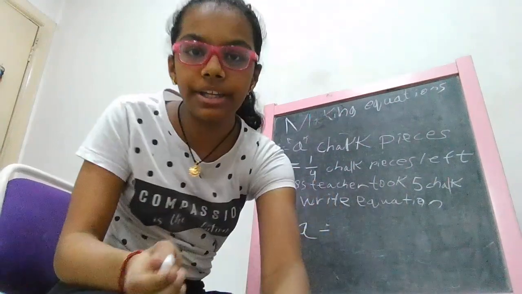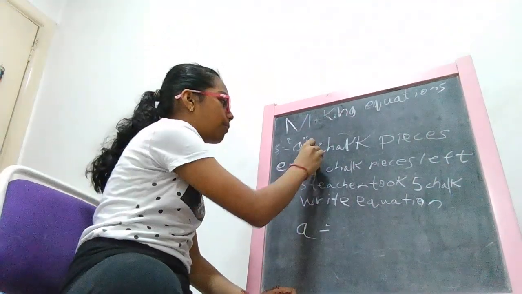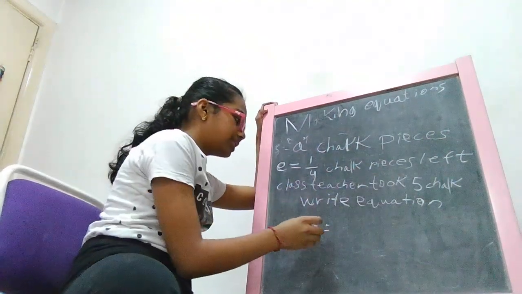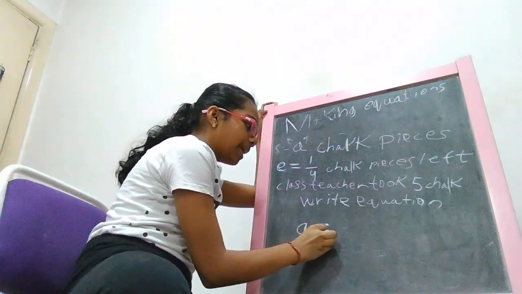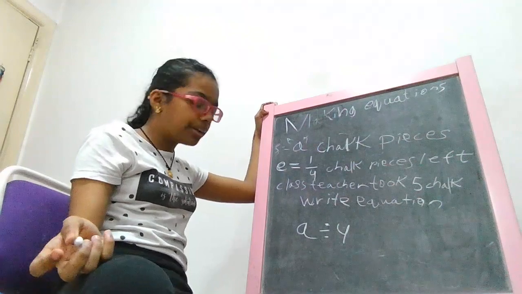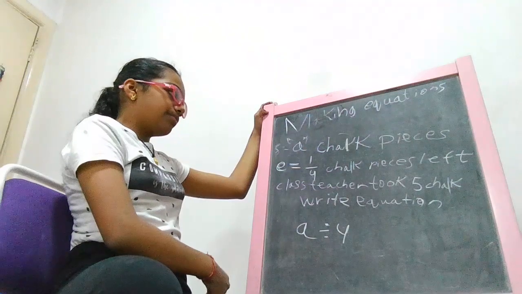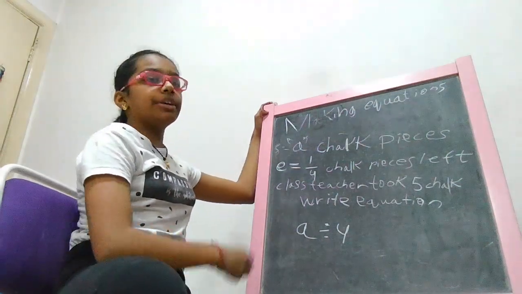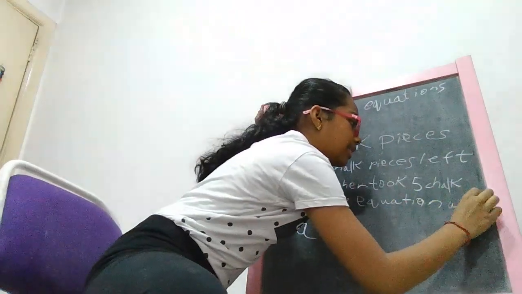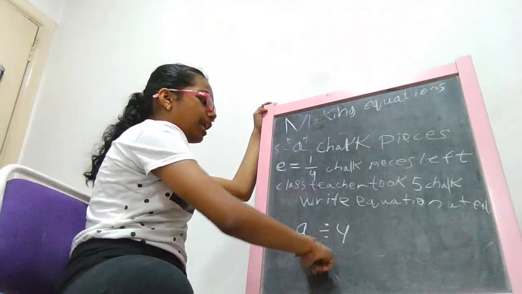So there were 1/4 the chalk pieces left. So we will write it like this: A divided by 4, right? Because 1/4 is divided by 4. So at the end of the school year they were divided by 4. Write an equation to show how many were left at the end of the school year. So A divided by 4.